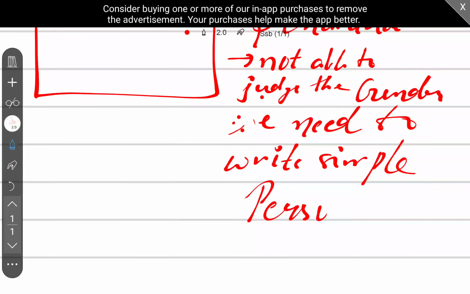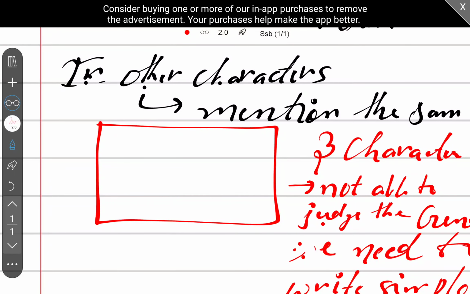But generally this situation would not come if you are capable of identifying your characters.